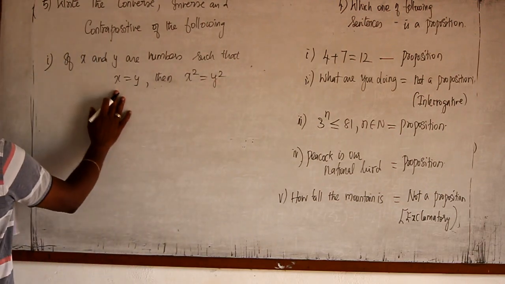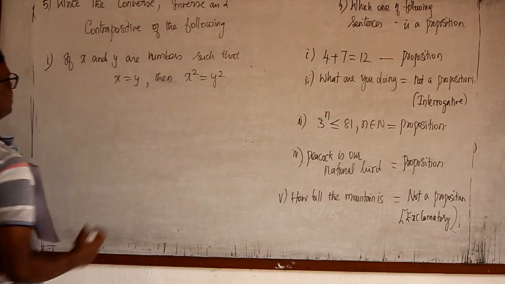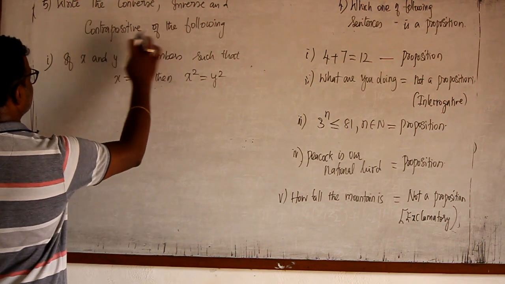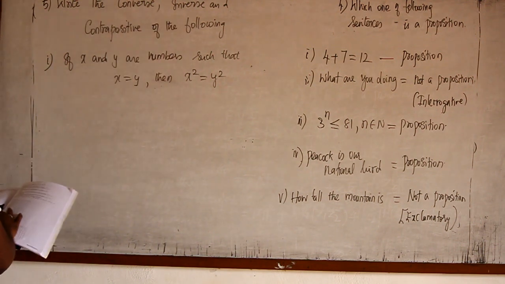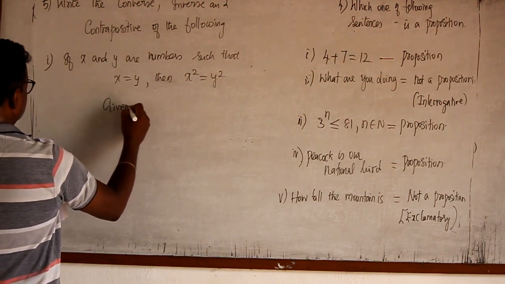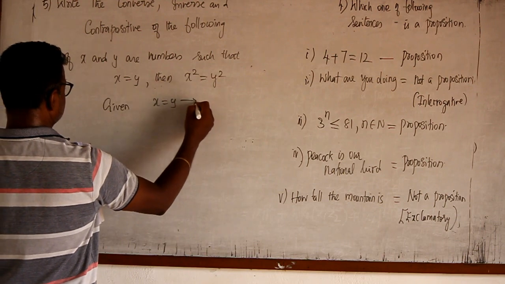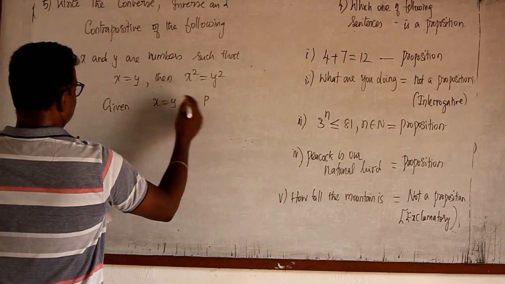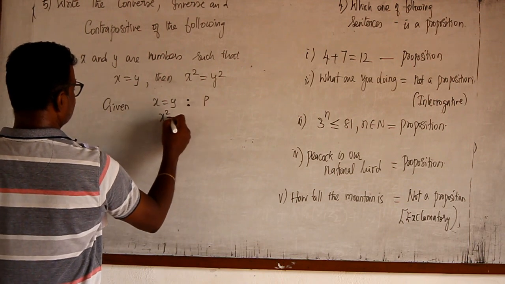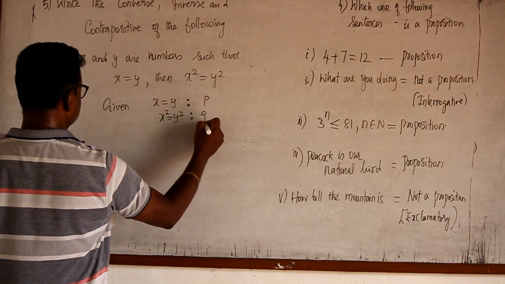You can take x equal to y as the P statement and x square equal to y square as the Q statement. Now I have to write the converse, inverse and contrapositive.